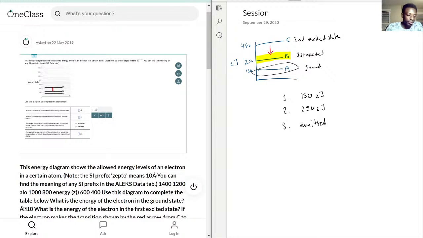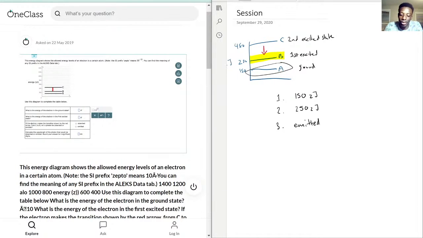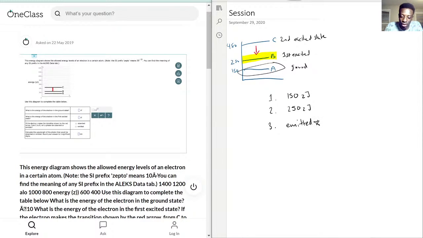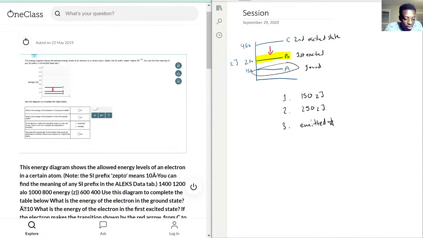Now let's go over to the fourth part, which says calculate the wavelength of the photon that would be absorbed or emitted. We know it's being emitted, so we can just start that. It says round to 3 significant digits. To solve this, we have to make sure we use the right formula.